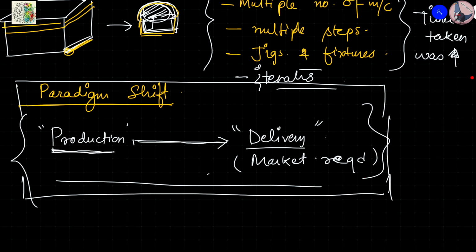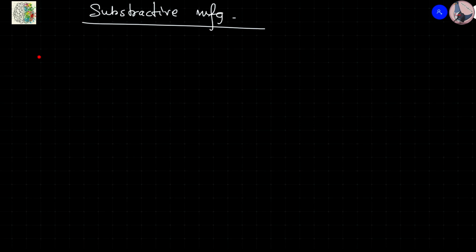Now let us talk about some more disadvantages of the present subtractive manufacturing technique. In subtractive manufacturing, the biggest disadvantage was that the time taken was very large.